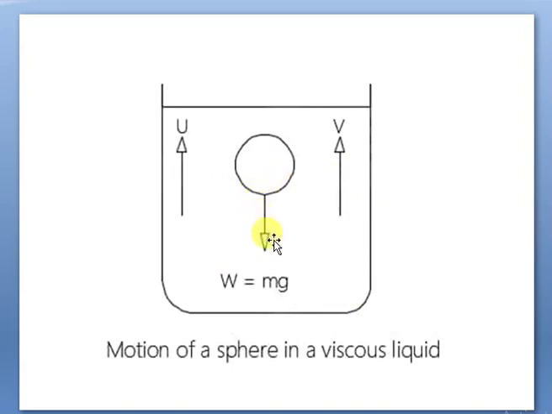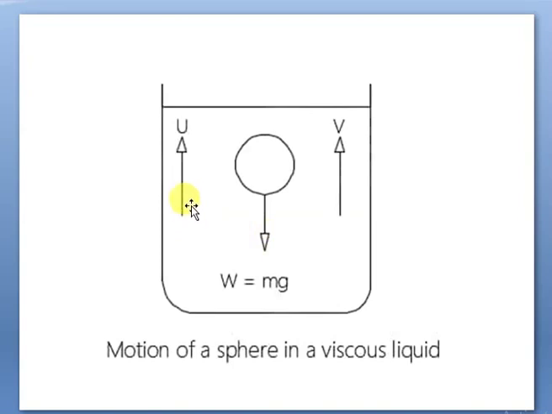There are forces acting on this. Number one, you have the weight of this stone acting downward. And remember, weight is a force because it's measured in Newton and is equal to mass times acceleration due to gravity. So the stone is falling down through that viscous liquid, which is your engine oil.